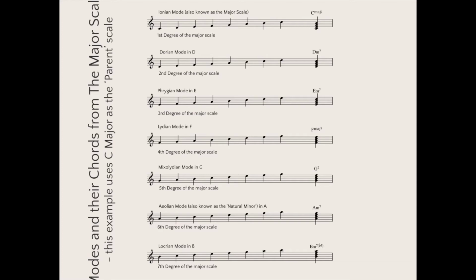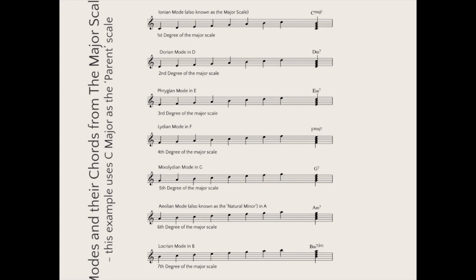Dorian mode in D with D minor 7, E Phrygian mode with E minor 7, F Lydian mode with F major 7, G Mixolydian mode with G7, A Aeolian mode with A minor 7 next to it, and lastly B Locrian with B minor 7 flat 5. All these chords and modes are diatonic to C major, which is the parent scale.